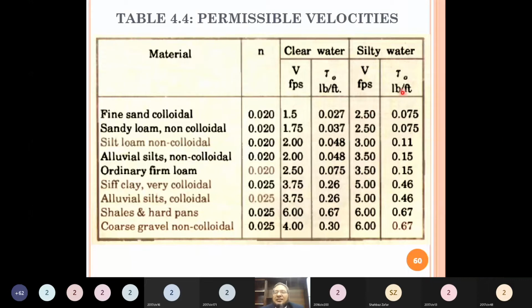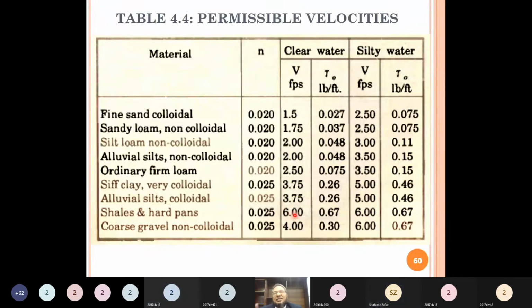Moreover, hydraulic shear stresses are also given in this table. So for clear water, what is the material which can sustain the highest velocity of flow? Highest कितनी है भाई? 6 feet per second.